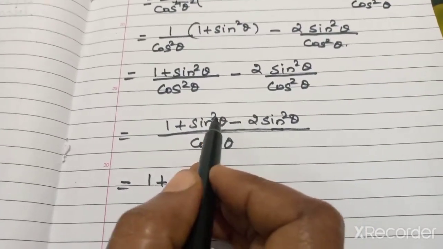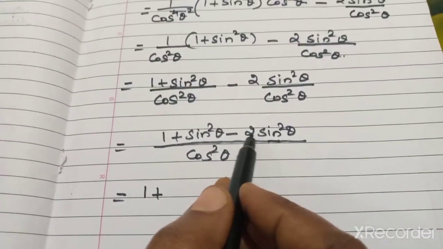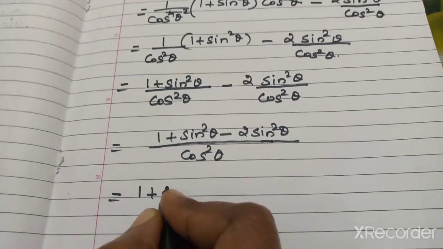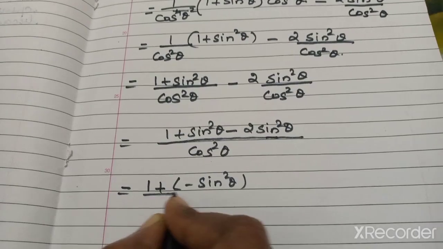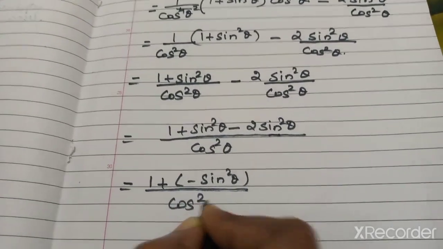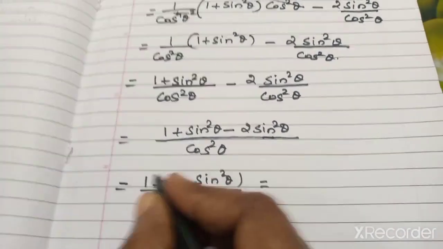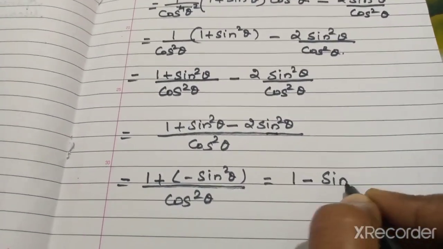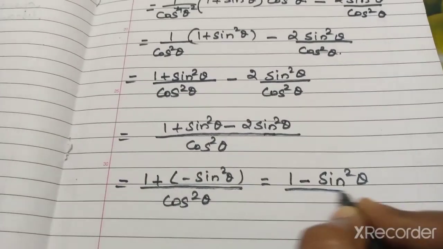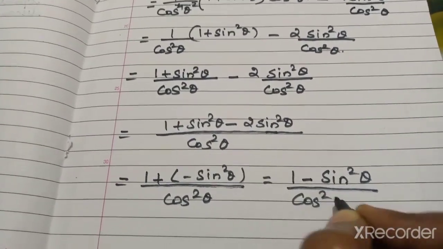So 1 sine square theta minus 2 sine square theta we have minus sine square theta by cos square theta, which can be written here plus into minus is minus, okay, 1 minus sine square theta by cos square theta.